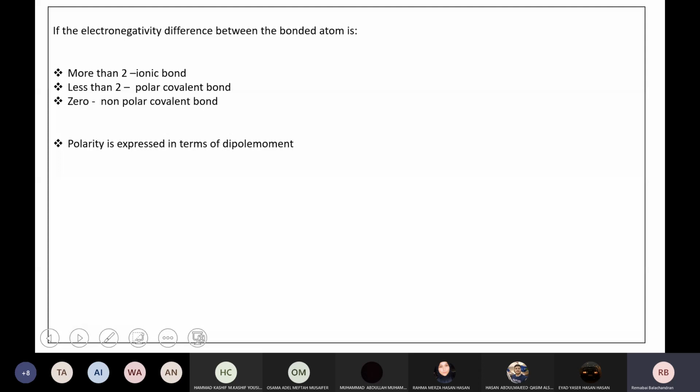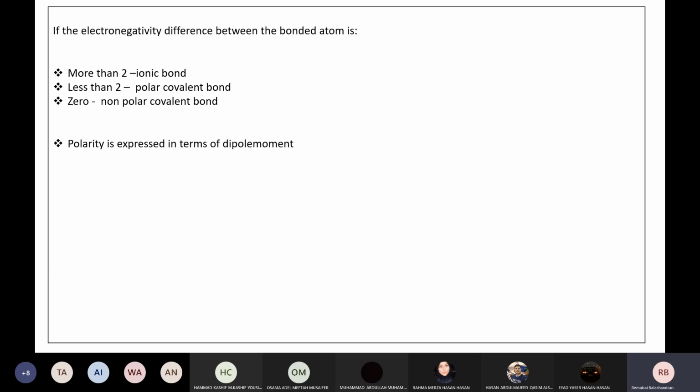See, look, something is there on the slide. What's written here? If the electronegativity difference between the bonded atoms is more than 2, that bond is an ionic bond. If it is less than 2, it will be a covalent bond. And if it is 0, it's a non-polar covalent bond.